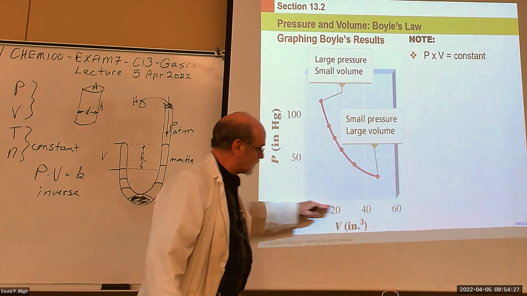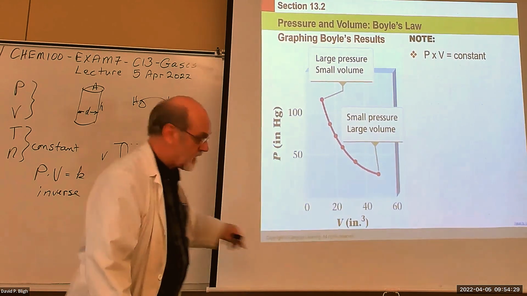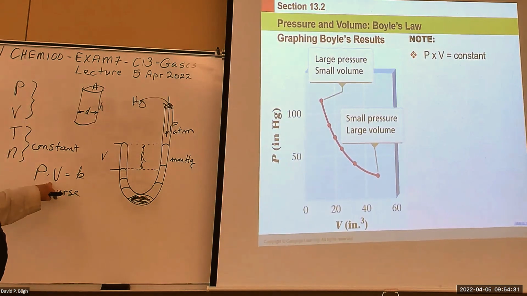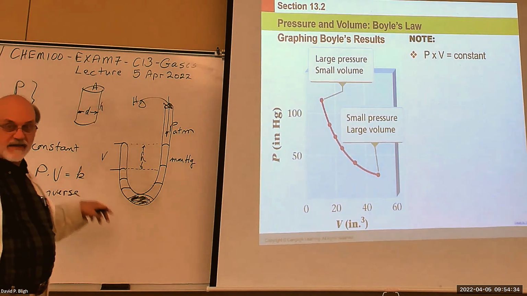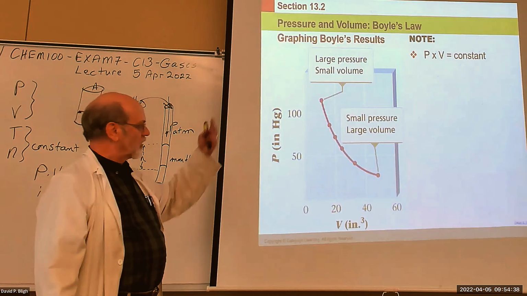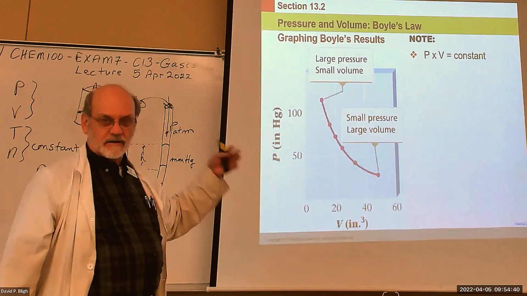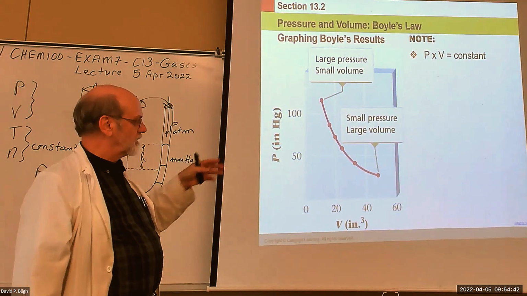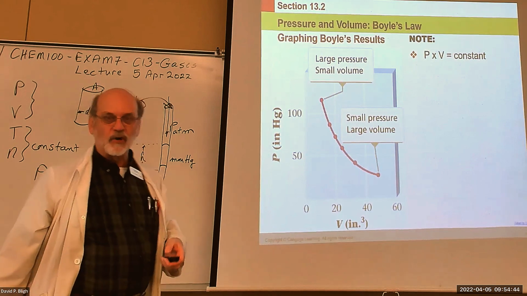It goes to 0, you have to touch that axis. Then this product would also be 0. And that can't happen either. So mathematically speaking, graphical representation, they never touch the axis, and it is a hyperbola.